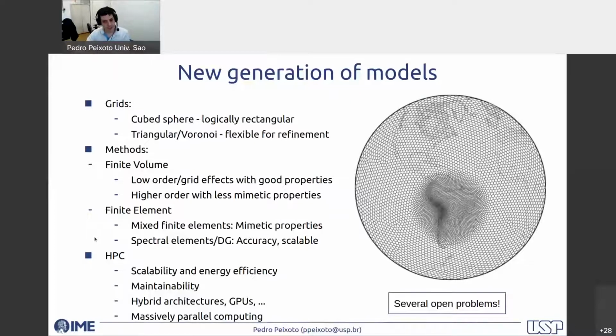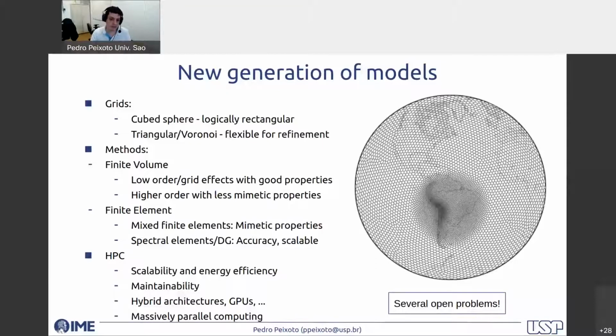But these new models challenge a lot from an HPC perspective. So are we really going to gain scalability with these new grids and new methods that are being developed, right? And then there's a bunch of well-known issues with HPC that you need to take into account. So we're going to build models from scratch. Most of these models were built from zero, whereas the preliminary models were mostly built in Fortran 77, hand-coded and hard to maintain.